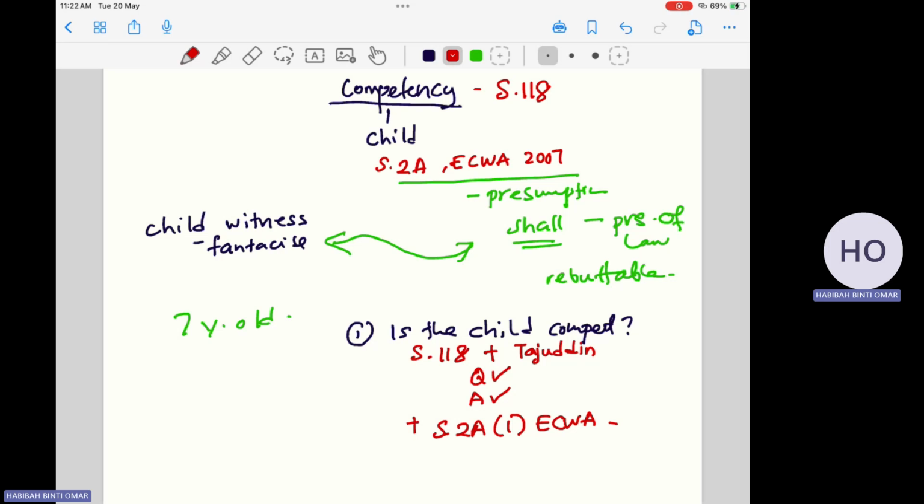So it has started on a positive note. If you have, for example, a child witness who is 7 years old, you ask the question, and he is able to give rational answers to the question, then the child is competent.